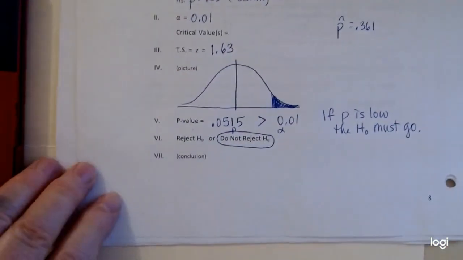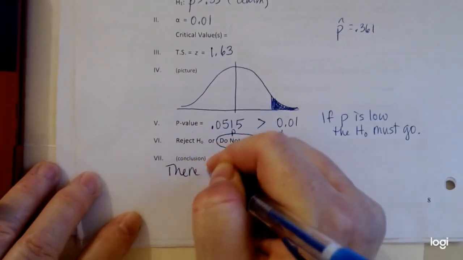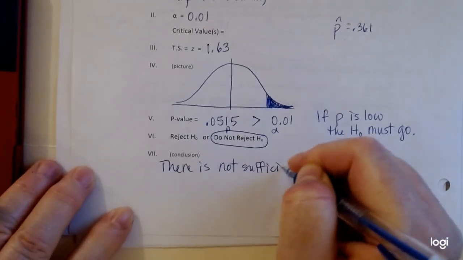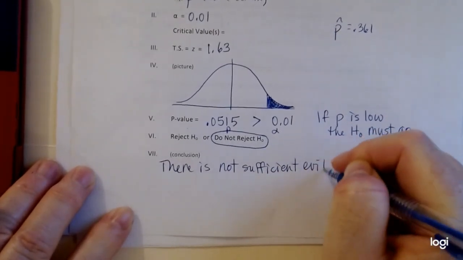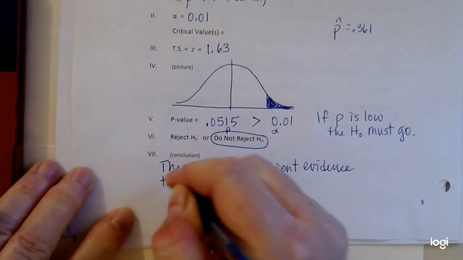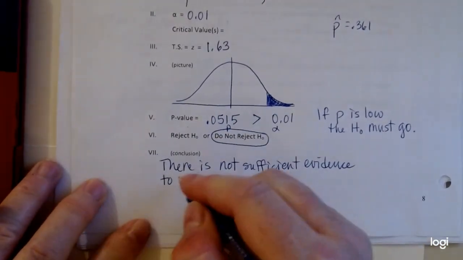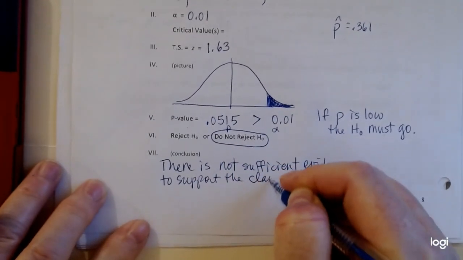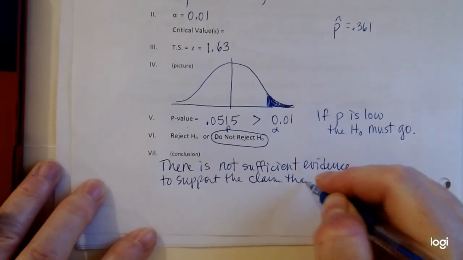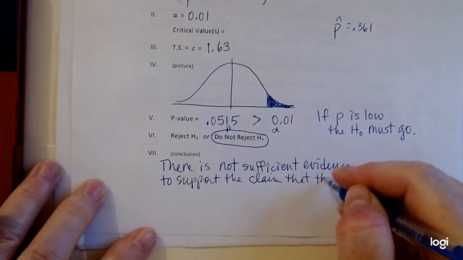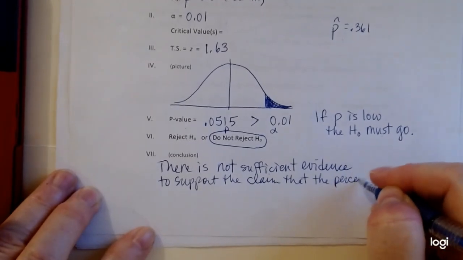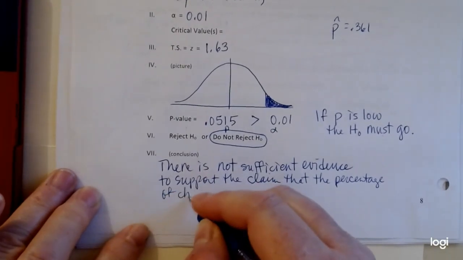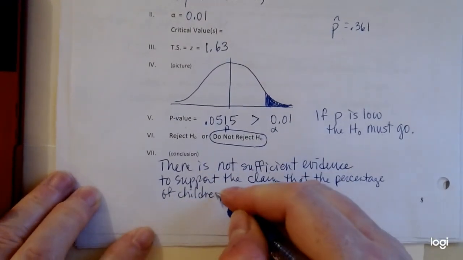So our conclusion is there is not sufficient evidence to support the claim that the percentage of children who have cell phones is higher than 35%.